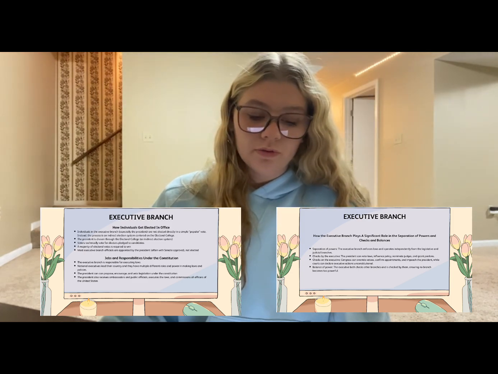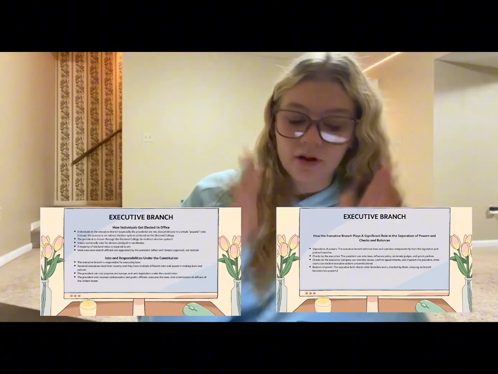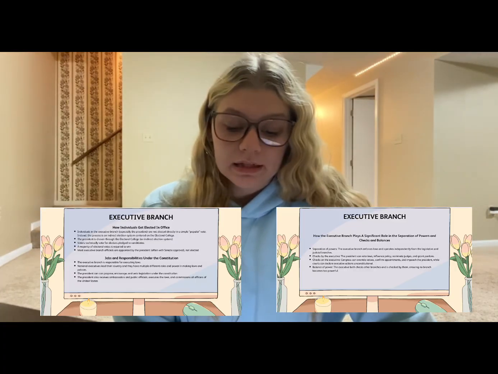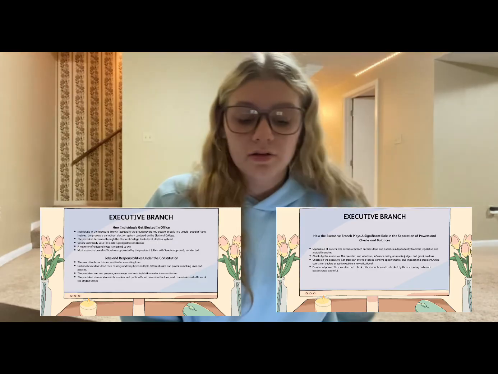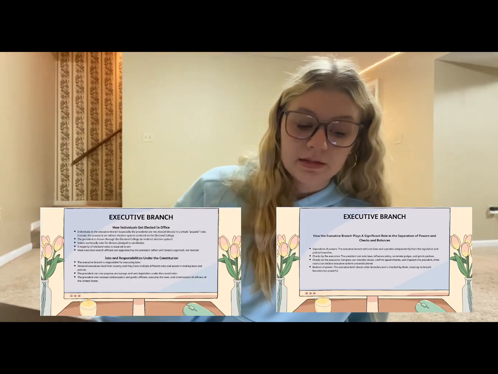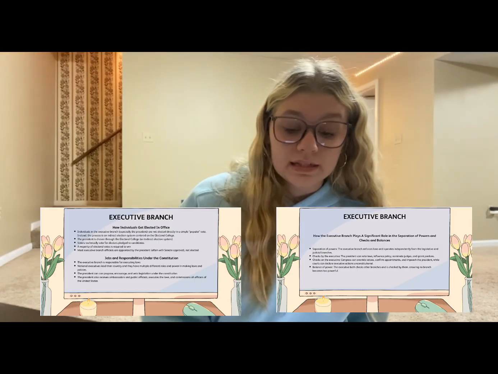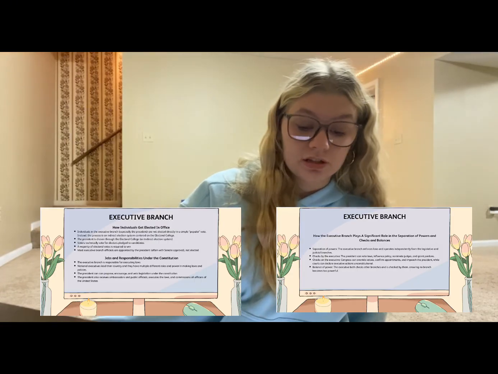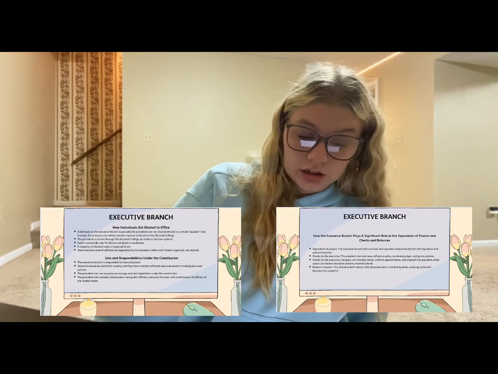So, starting off, we have how individuals get elected in office. Basically, individuals in the executive branch, especially people like the president, are not elected directly in a simple popular vote. Instead, the process is an indirect election system centered on the Electoral College.